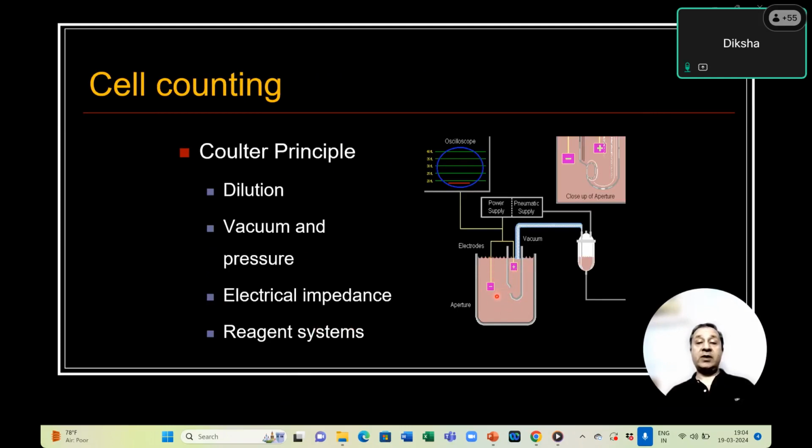The cells, when they pass through this aperture, are poor conductors of electricity, and they'll impede the current passing through. That in turn will help us to count the numbers. And depending upon the size of the cell or the particle which passes through this aperture, it will give us a variable amplitude. So in effect, it will also give us the relative size.